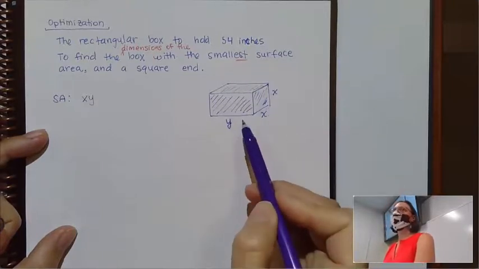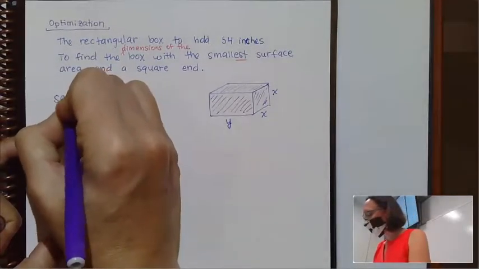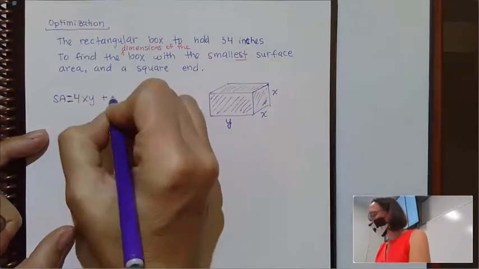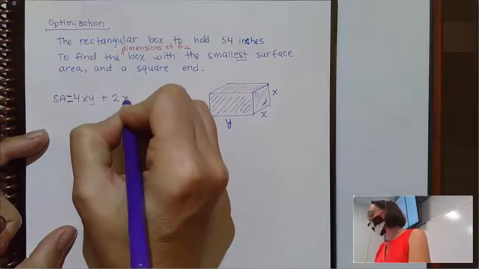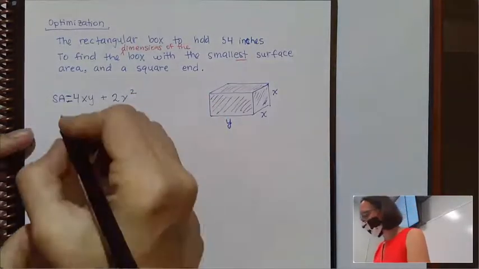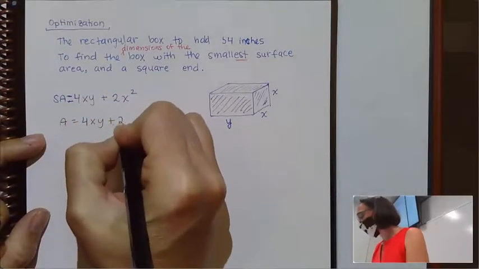So is the bottom. So all told, I've got 4 of those. And then we've got those 2 end pieces that have an area of X squared. Now I've got this formula, right? My surface area is equal to 4xy plus 2x squared.